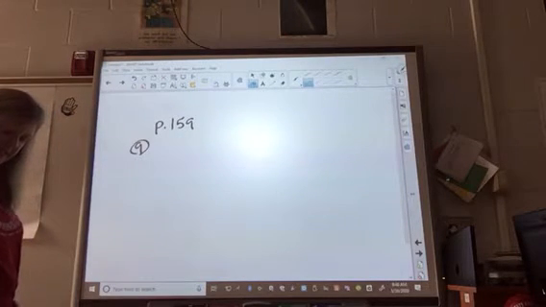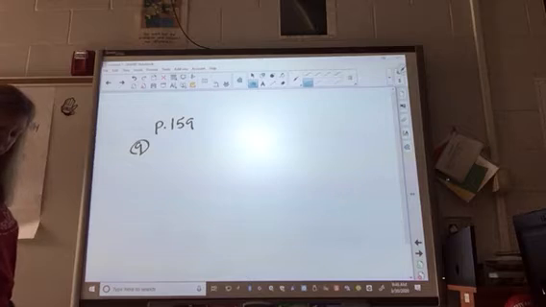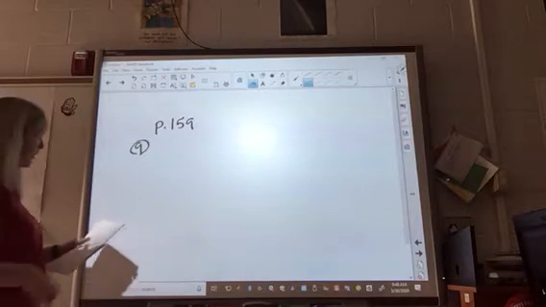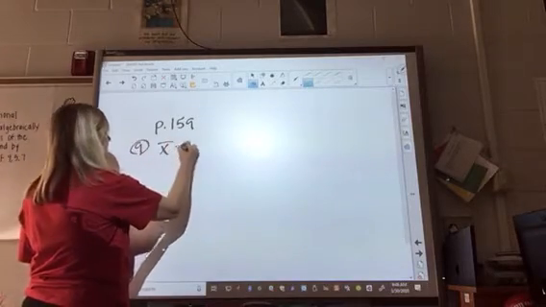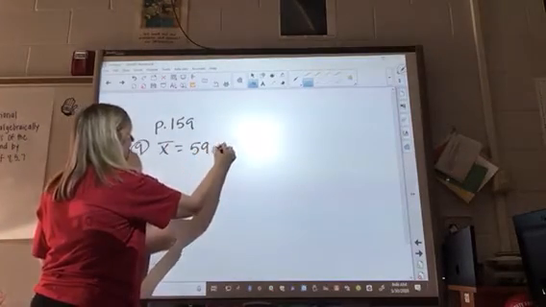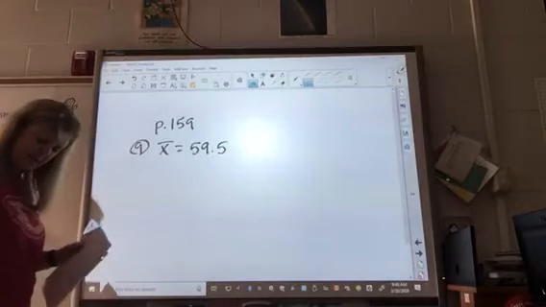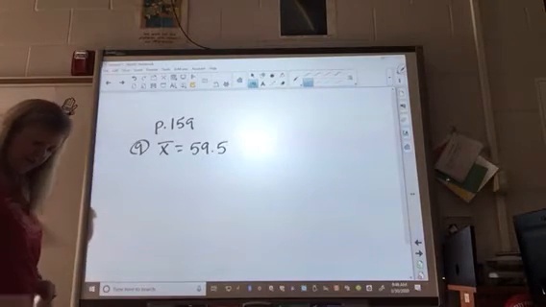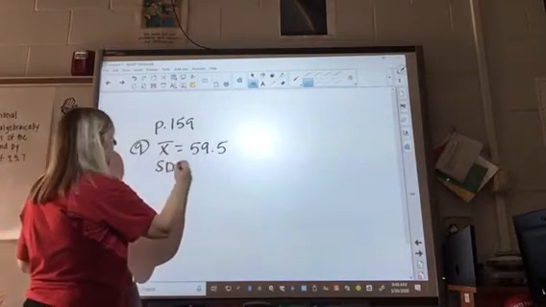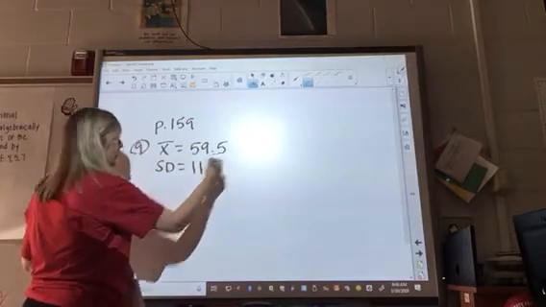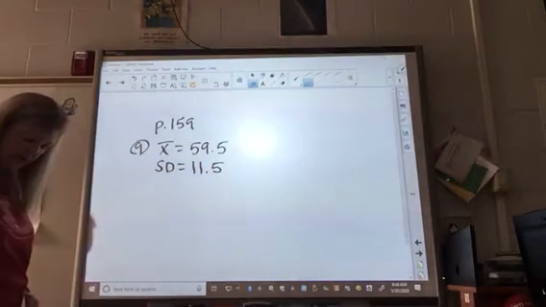Alright, problem 9 says the average age of senators in the 108th Congress was 59.5 years. So that's my mean. If the standard deviation was 11.5, that means they vary by 11.5.